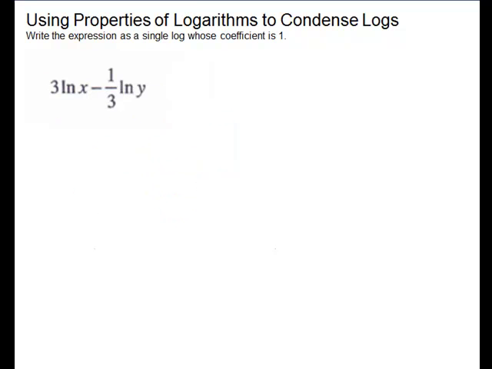For our next problem, I would put these coefficients back as exponents. So we're going to have the natural log of x cubed minus the natural log of y to the 1/3. And also we can go ahead and change this back to radical form.